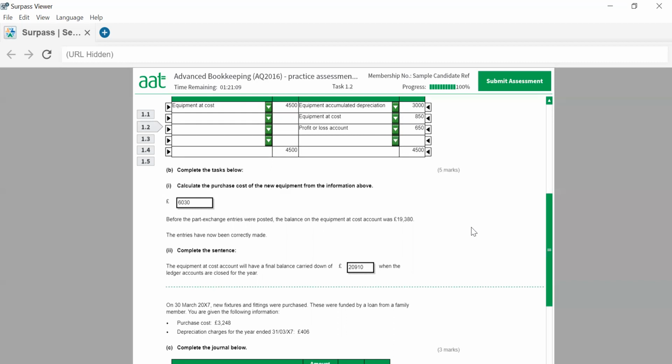That would be a balancing figure. Take it across to the other side, so it's 25,410. And on the credit side, you got 4,500, which is the asset you disposed of. So therefore, your balance carried down is the difference between the two, so 20,910. So balance carried down, balance brought down to the start of the next period would be 20,910.